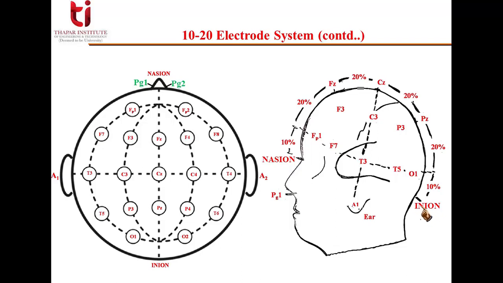Marks for the Z electrodes are made between these points along the midline at intervals of 10%, 20%, 20%, 20%, 20%, and 10%.